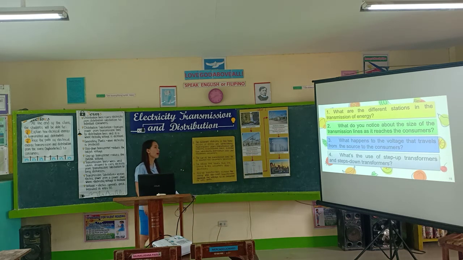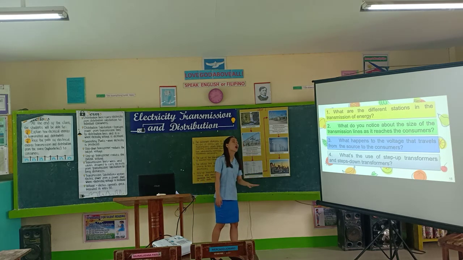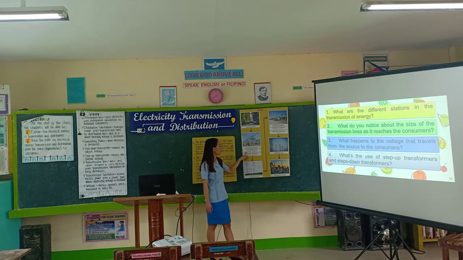Next one. What happens to the voltage that travels from the source to the consumers? The voltage that travels from the source to the consumers also decreases. As you notice here in Group 1's illustration, 138,765,000 volts is being reduced to 34,500 to 138,000 volts.